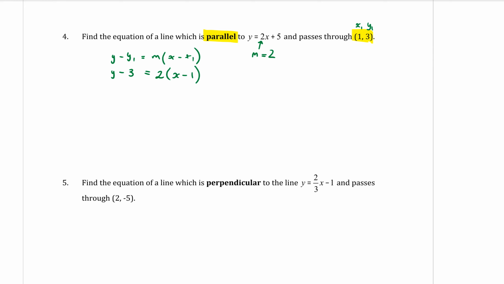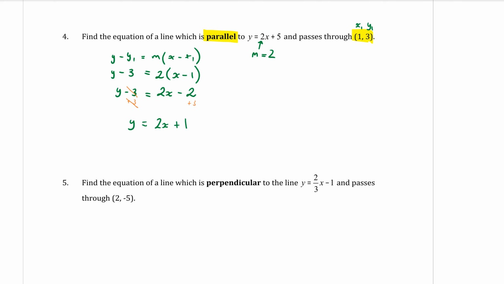We always want to expand it out and get y by itself. So expand the brackets. 2 times x is 2x, and 2 times negative 1 is negative 2. Last step is to add this 3 to get rid of that, so that y is by itself. y equals 2x minus 2 plus 3 is a plus 1.